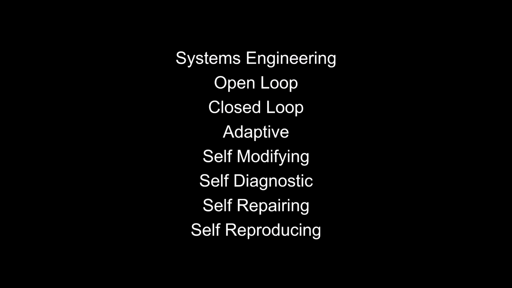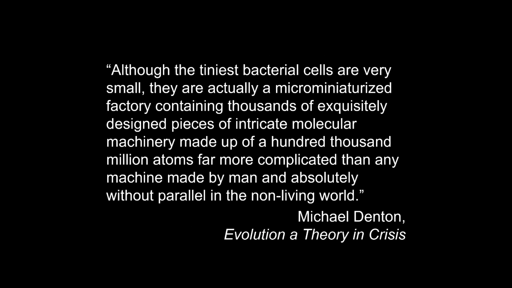Michael Denton wrote a book called Evolution: A Theory in Crisis. And one of the quotes out of this book says, although the tiniest bacterial cells are very small, they are actually a micro-miniaturized factory containing thousands of exquisitely designed pieces of intricate molecular machinery made up of 100,000 million atoms, far more complicated than any machine made by man, and absolutely without parallel in the non-living world.